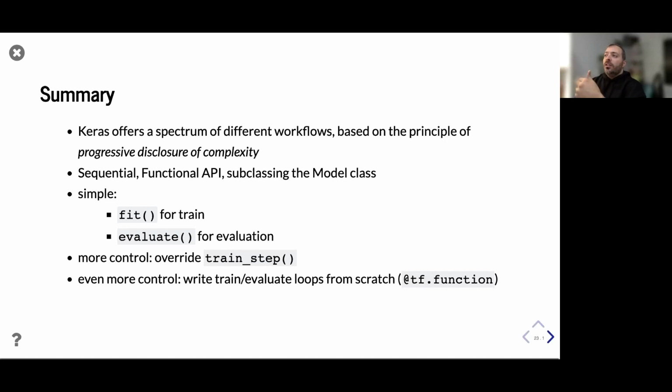If you want to add functionality to the training, you can use callbacks, which are very powerful. We saw how you can define your own callbacks. If you want to use custom metrics, you can define your own, and we saw how to update the state, reset the state, and get the result. If you want a different train step, again, you can do this.